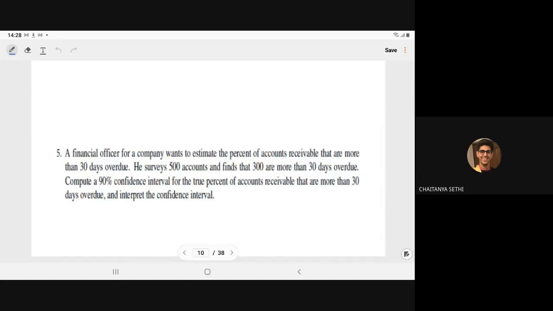Compute a 90% confidence interval for the true percentage of accounts receivable that are more than 30 days overdue, and interpret the confidence interval. So he wants the true proportion, that is, the confidence interval for the proportion.